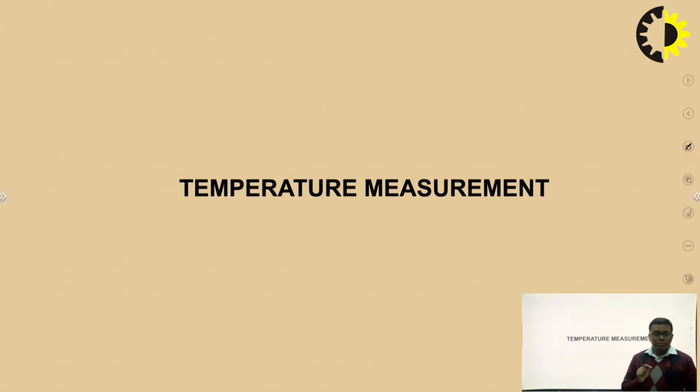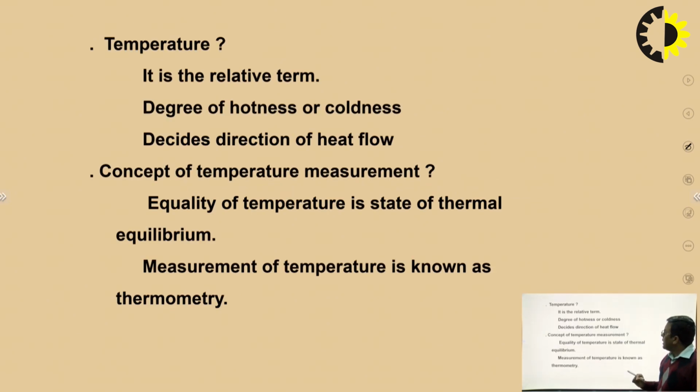But before moving towards the optical pyrometer, I would like to start my lecture with some basics which we already know. What is temperature measurement and what are the fundamentals?